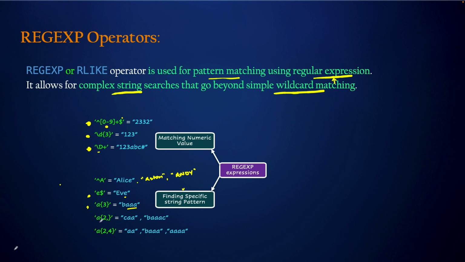Now this pattern tells you the string will have at least 2 or more characters together. Here I'm just writing 2 and 3. So your strings will contain these patterns. Now this one is telling you your string will have A 2 times and maximum 4 times. So 2, 3, and 4.